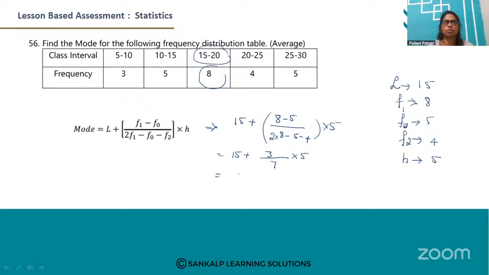So 15 plus 5 threes are 15, divided by 7. So 15 plus 15 divided by 7 is 2.1428, which is 17.14. Therefore, the mode for the given frequency distribution table is approximately 17.14.